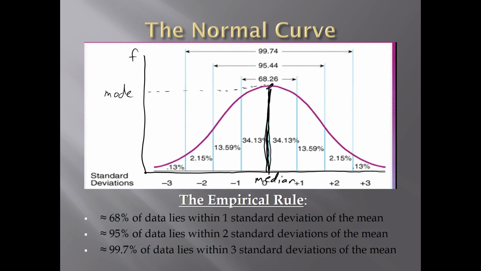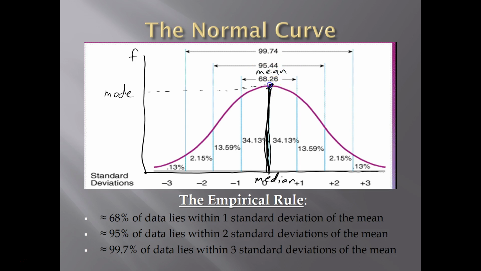Now because it is symmetric, I have just as much on the right as I have on the left. Because the curve is the same on the right and on the left, the amount above the middle and the amount below the middle kind of cancel each other out, meaning this is not just the median, but it's also the mean.